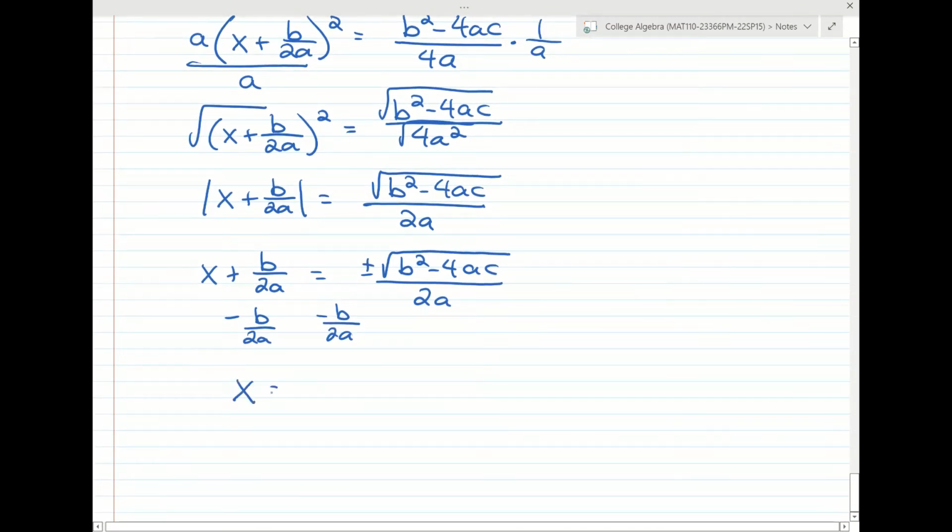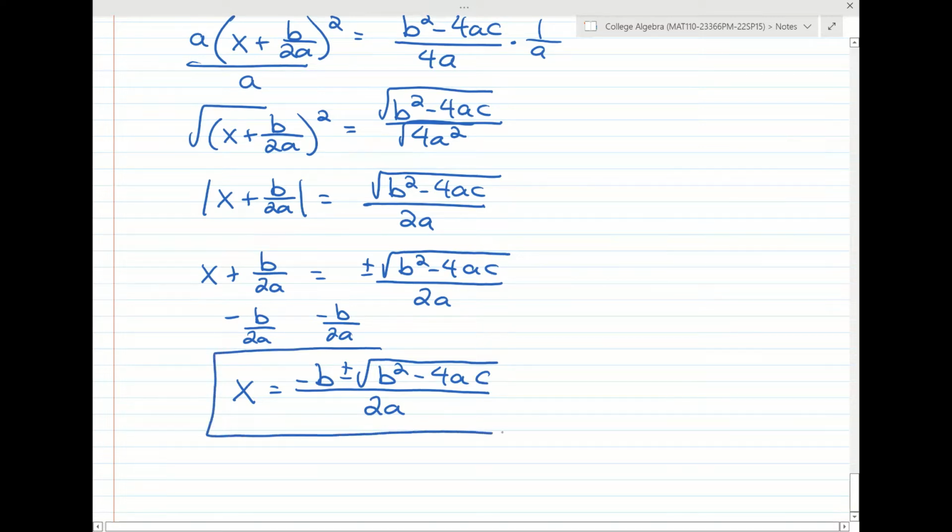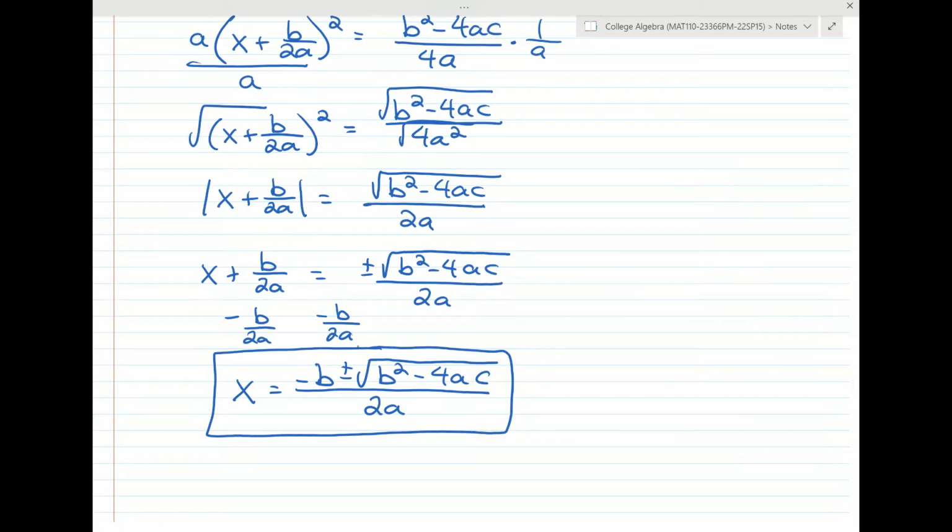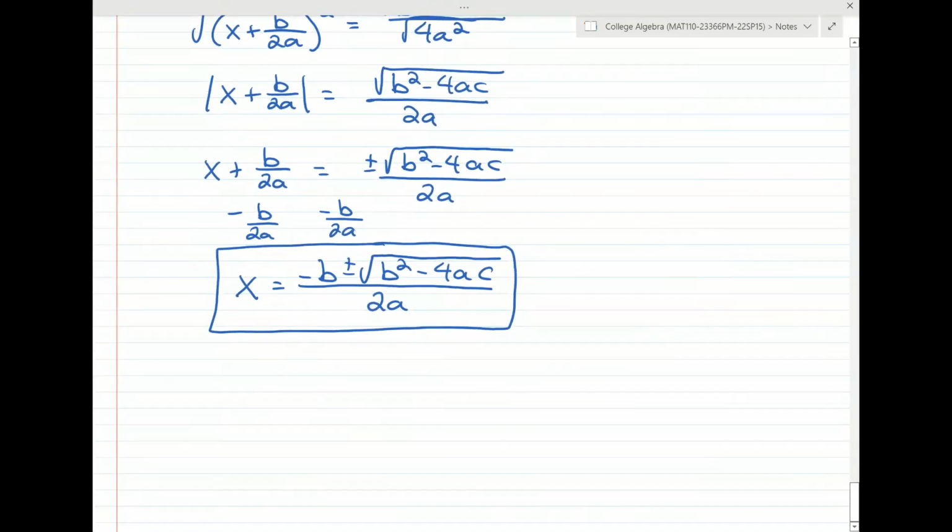And we get x is equal to the opposite of b plus or minus the square root of b squared minus 4ac all over 2a. And that's the quadratic formula.